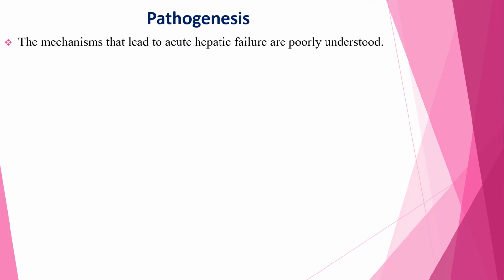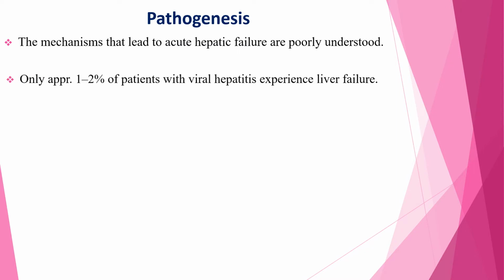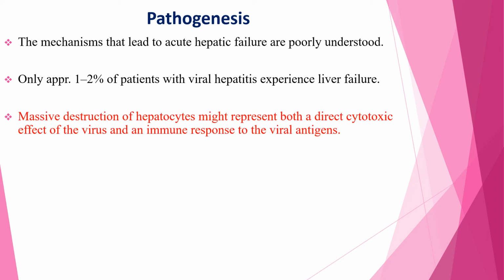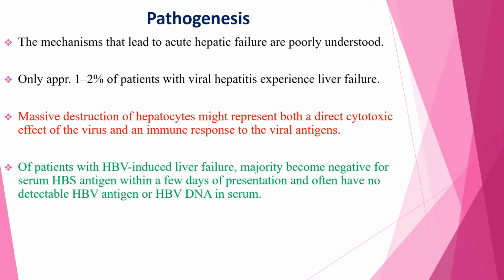The mechanisms that lead to acute hepatic failure are poorly understood, and only approximately 1 to 2% of patients with viral hepatitis experience liver failure. And why only 1 to 2% of patients with viral hepatitis experience liver failure is also not clear. Massive destruction of hepatocytes might represent both a direct cytotoxic effect of the virus and an immune response to the viral antigen.